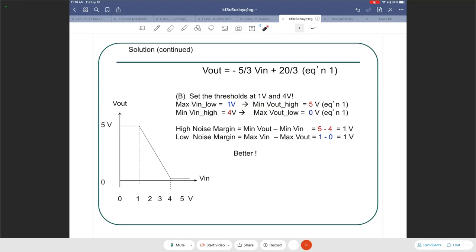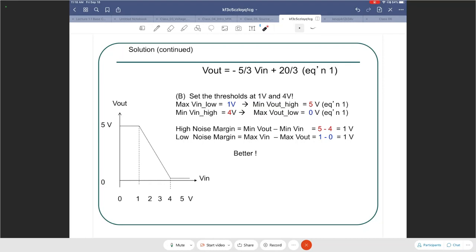So when you change the thresholds to 4 and 1 instead of 3 and 2, your outputs also change. And so now your points are above 4 is high, below 1 is low. It's the same equation as before, but our corresponding outputs have changed to 0 and 5.